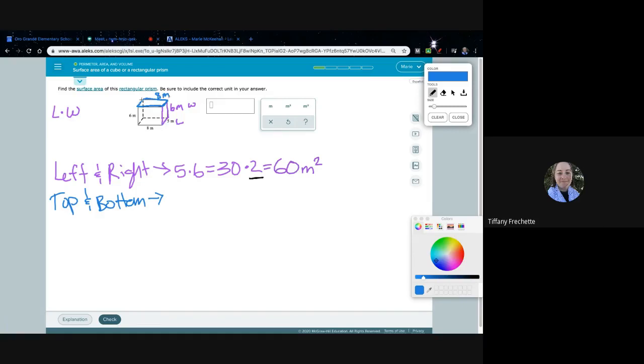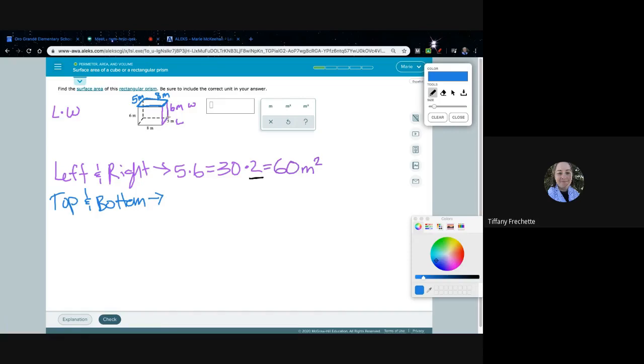And then I need this other side here. So I need to keep going to this other side until I find a measurement. Oh, there we go. I have a 5. So the bottom of the right side is 5, which means the top of the right side is 5, which also means the top left is 5. So I can transfer those amounts around as long as I'm staying on the same line.